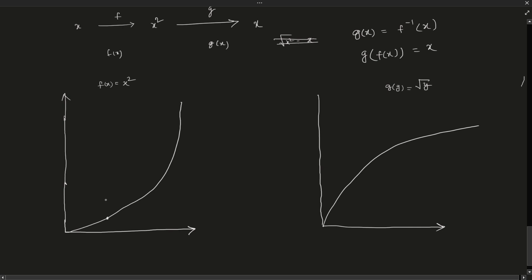Suppose we have a point here, like half and 1 by 4. As this is the inverse of it, here it will be 1 by 4 and half.